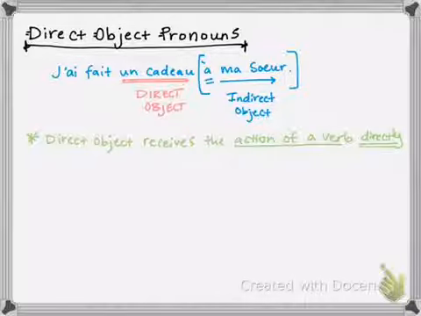Okay, so I gave a gift. This is our verb. It's receiving the action of this verb. So that's how we know that's our direct object, okay?